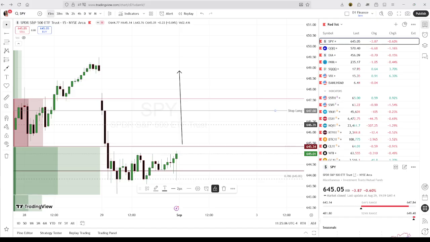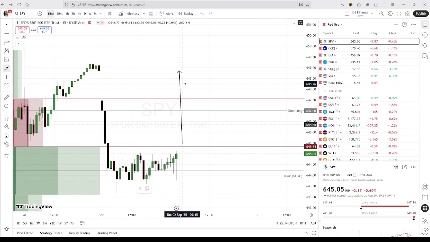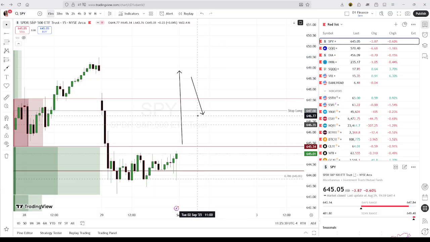Okay. And so, if we pull back and we just touch the level a little bit, and let's say we break it a little bit, that's cool. I don't really worry about that. What I want to see is us either bounce off this back to the upside, that's cool, or if we close below this.